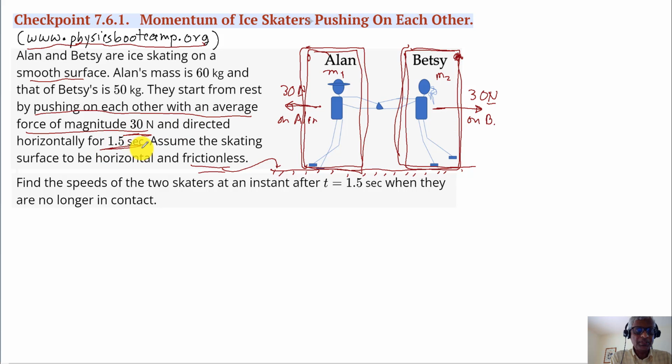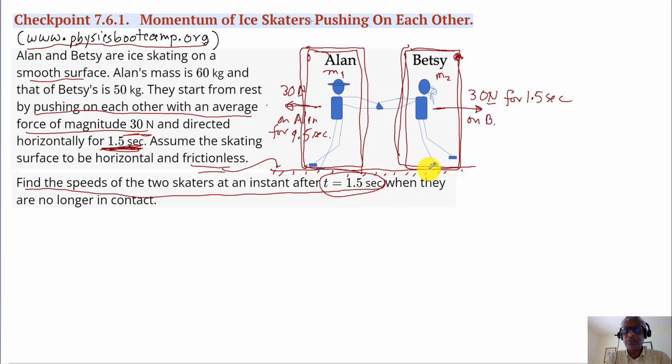And this force has acted for 1.5 seconds. And the force has a direction, so we should always think of it as a direction. And the question is, find the speed at the end of the 1.5 seconds.